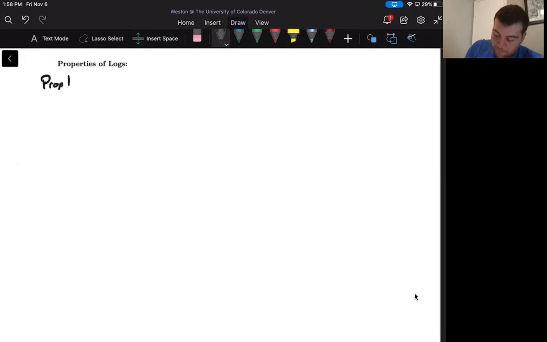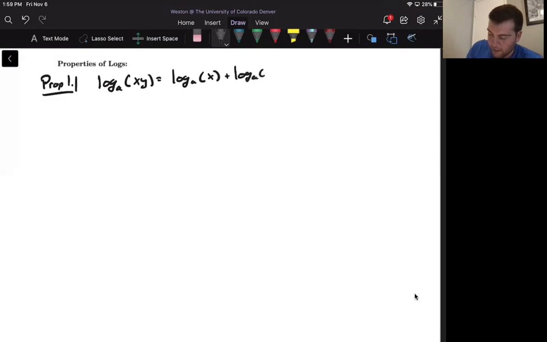So property one was mentioned in the last video, that if we have log base a of xy, then that's log base a of x plus log base a of y.